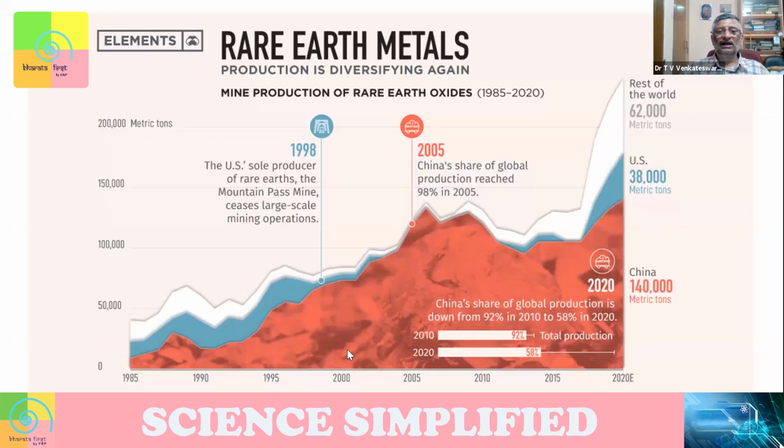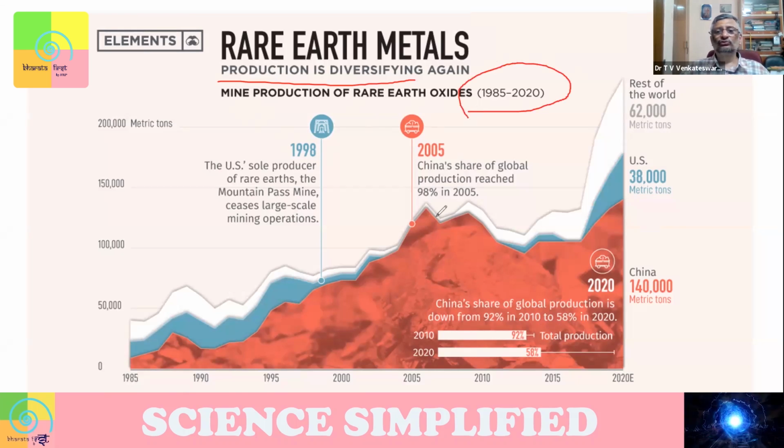If I look at who has control, who is producing rare earth elements from 1985 to 2020, this red is of course China, this blue is USA, and the white is the rest of the world, including India.